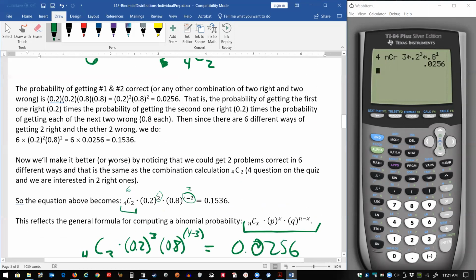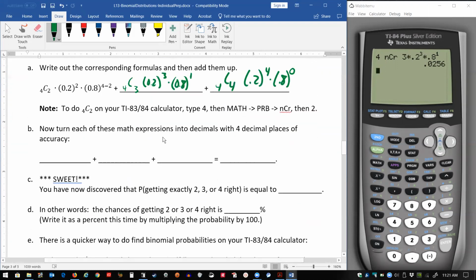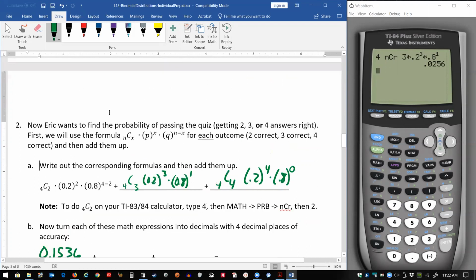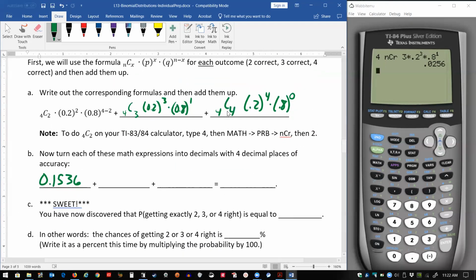So for our first one, 0.1536 was the decimal that we ended up with. For our second one, we ended up with 0.0256. So now for the third one, I'm just going to take this same expression.